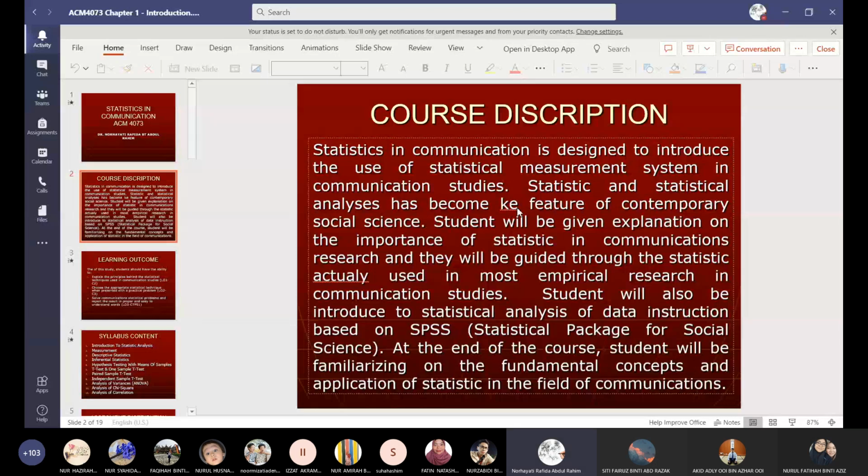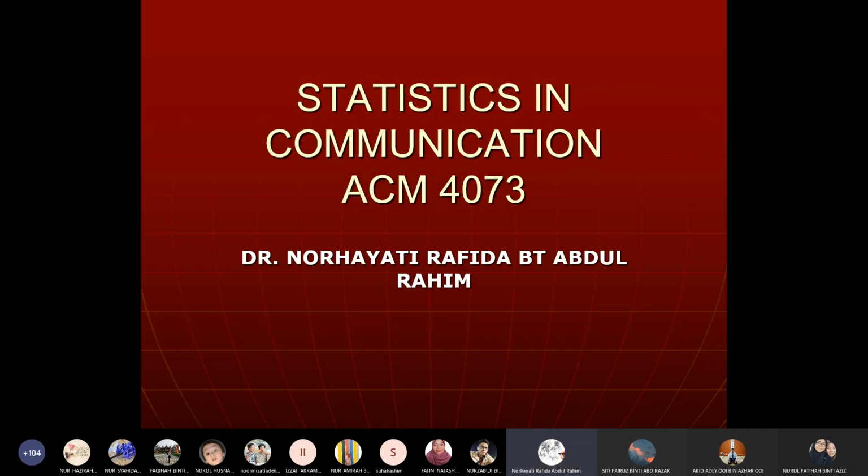In this subject, the students will be given an explanation on the importance of statistics in communication research, and they will be guided through the statistics actually used in most empirical communication studies. If you want me to give an example of communication studies, it can be journalism, the study of content analysis.